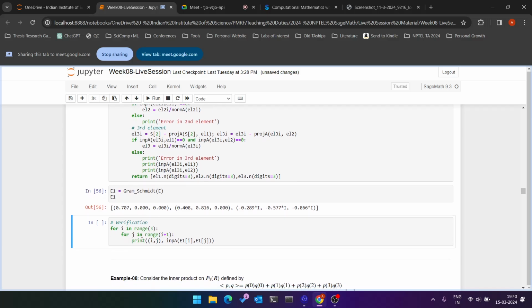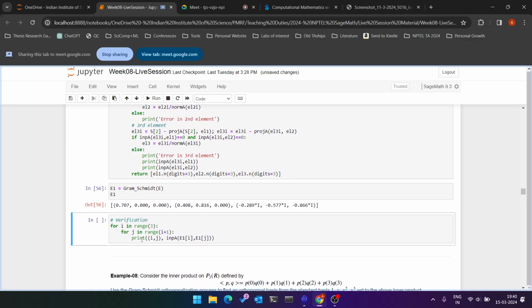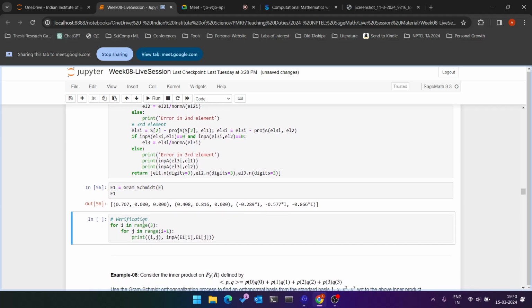And if I have to verify my answer, what I would do is basically run a loop where I'm taking the ith and jth entries and calculating the inner product between E1 of i and E1 of j. So that should tell me how my inner product looks like.